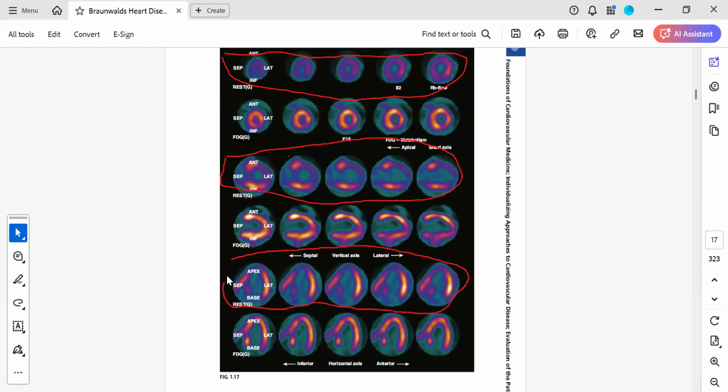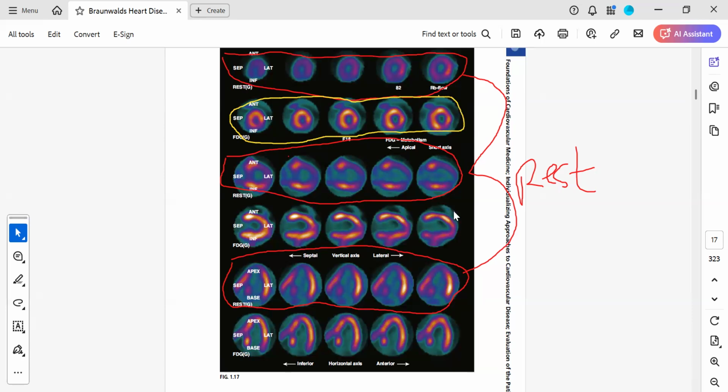You can give a metabolic agent that can be used in the tissue, which is glucose. If you give the glucose, you will take images again of the same axes you took at rest, so that you can compare the regional segments of the myocardium. Do you get that, man?